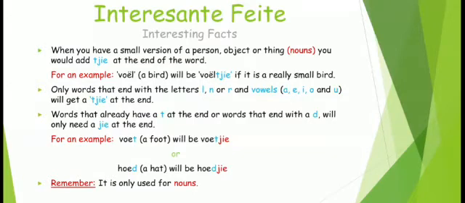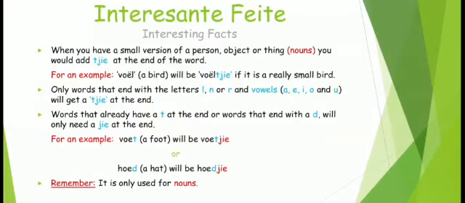Now listen to the next point. Words that already have a t at the end, or words that end with a d, will only need a j, i, e at the end. They don't need another t because they already have a t or a d there. So you just add a j, i, e.